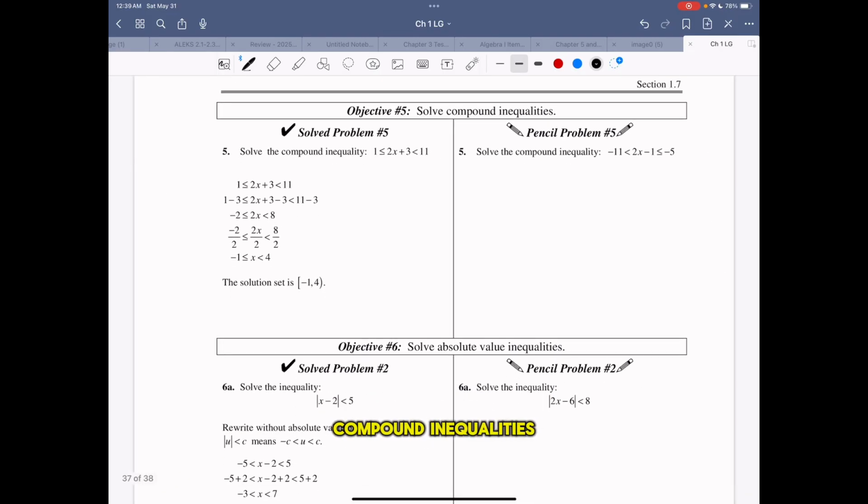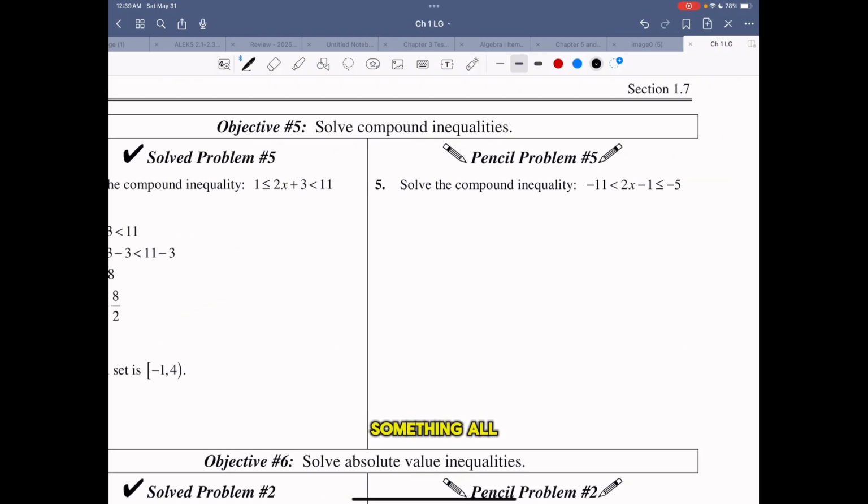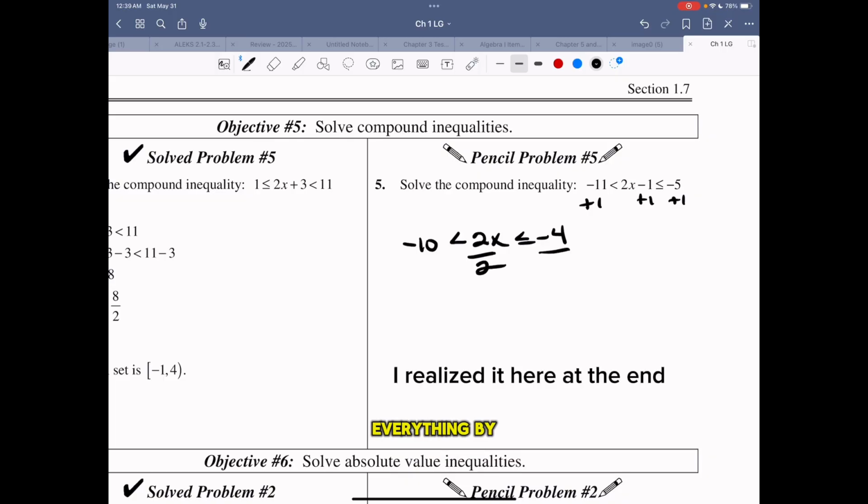Compound inequalities just means that you are solving something all at the same time. So if I add 1 here, I add 1, I get negative 10 is less than 2x, which is less than or equal to negative 4. And I just divide everything by 2. And you can just follow along with the example.